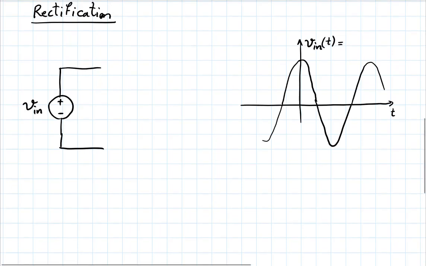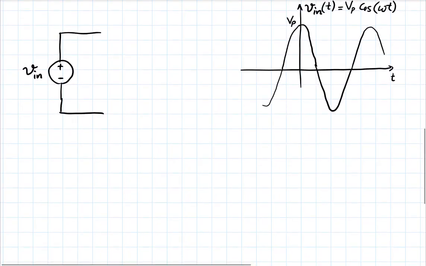So it has some peak value, cosine of omega t, omega being the angular frequency. And that's 2 pi f. Omega is angular frequency.